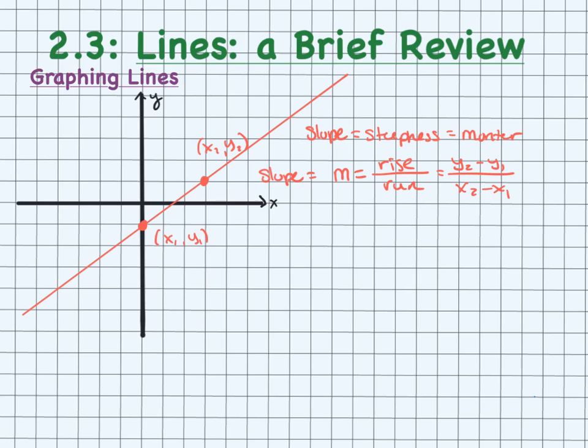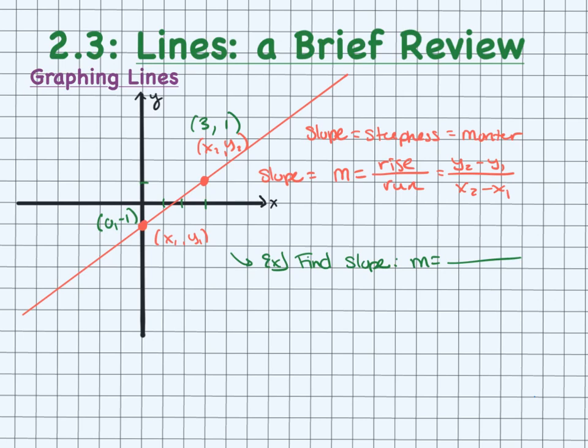Okay, so for example, for this line right here, I'll go to green so that you can tell it apart. If you were to find the slope between these 2 points, these points are x is 0 and y is -1, and x is 3, and y is 1.